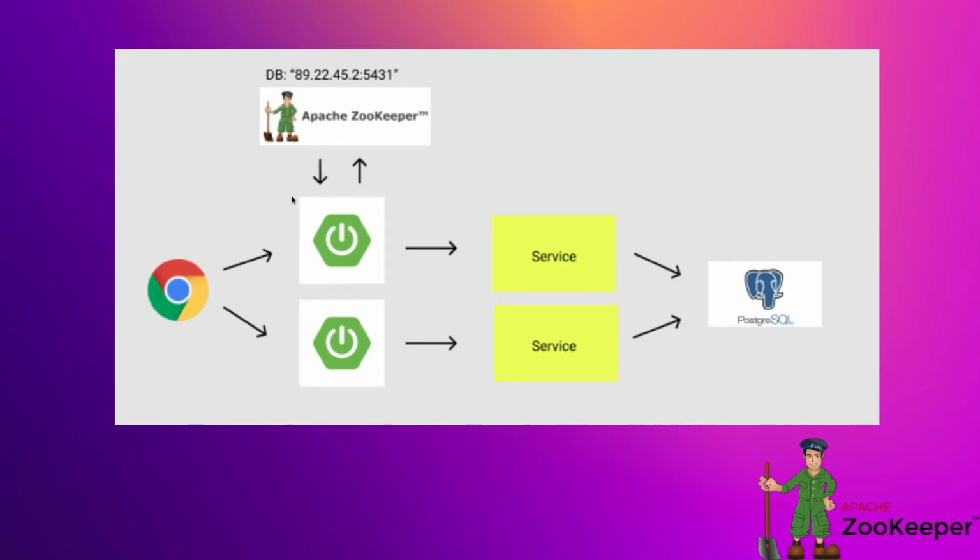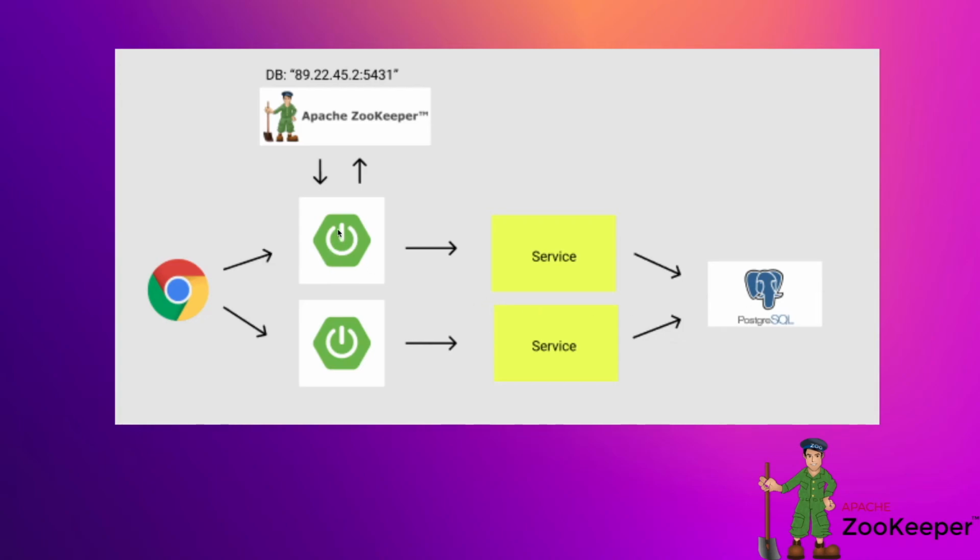That's where you would bring in Apache ZooKeeper. You'd have the same setup. You have your client, which talks to your web app, which has a service, and then it calls Postgres to maybe insert a row, or delete a row, or update a row.